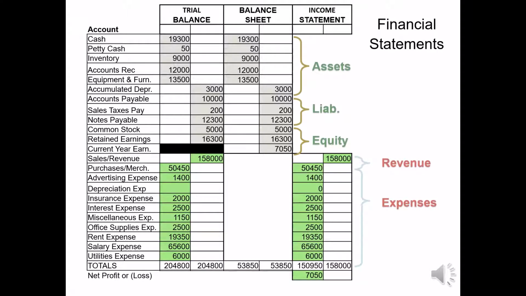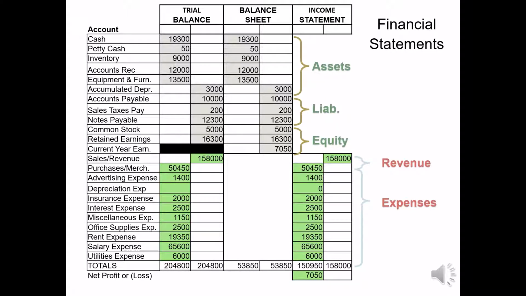First of all, let's take a look at the second report. We're going to take the accounts that are in the revenue category and the expense categories and move them over into our income statement columns to prepare an income statement. When revenue is greater than expenses, as it is here, we have a net income.